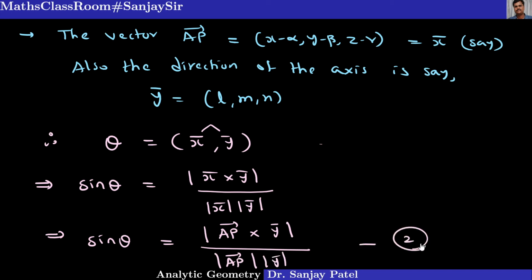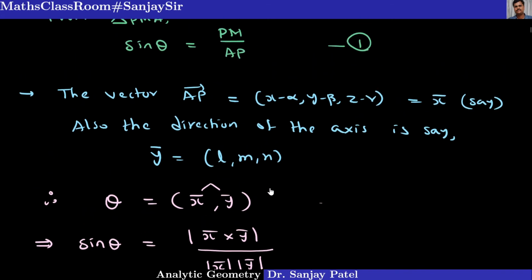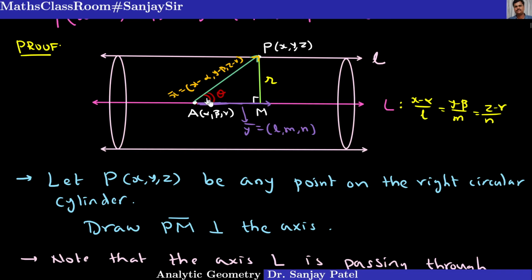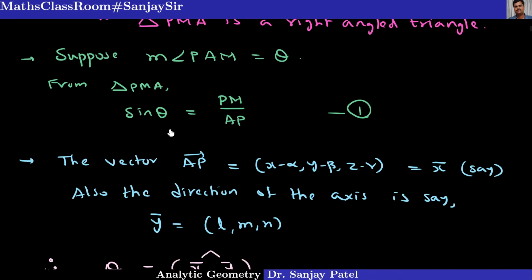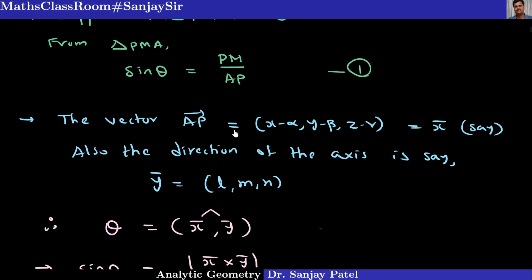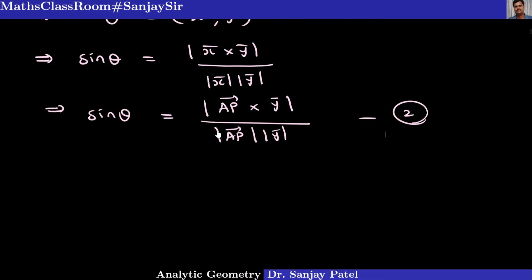Let me call this equation number 2. So what I have done, the basic idea, is I have found the value of sine theta for this angle PAN in two ways. One is given by this equation, sine theta is equal to PM upon AP, okay, and the other is given by this.